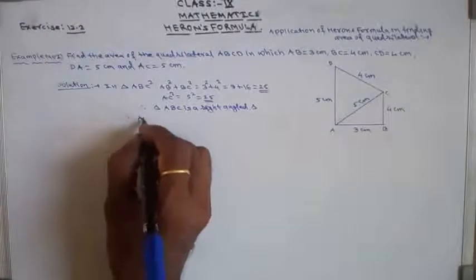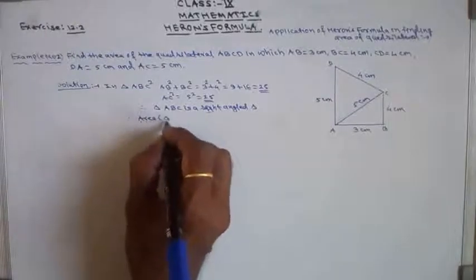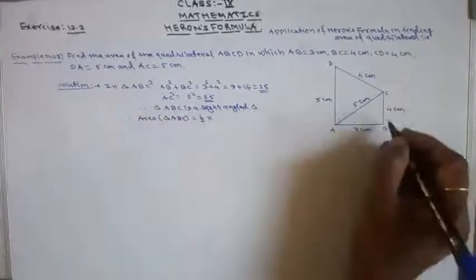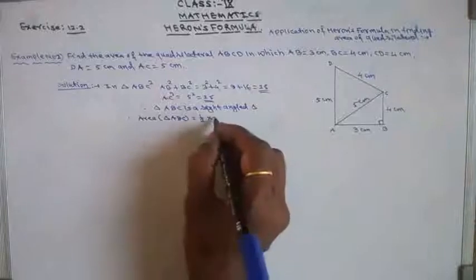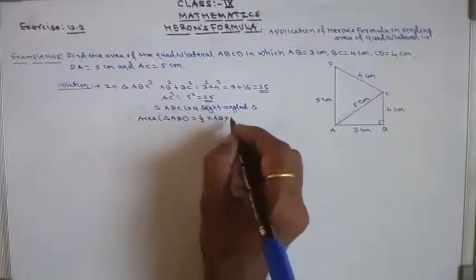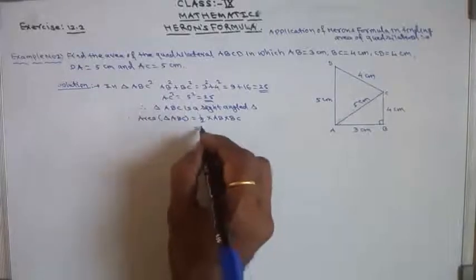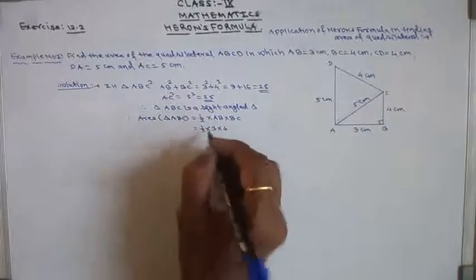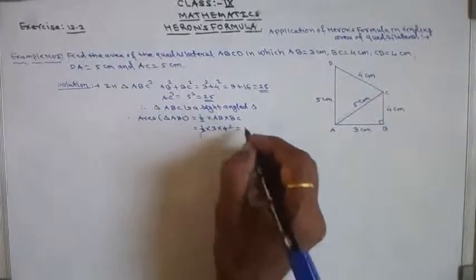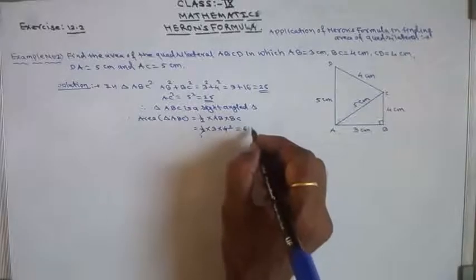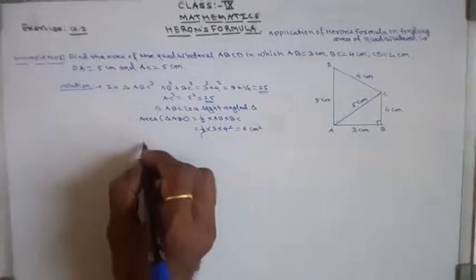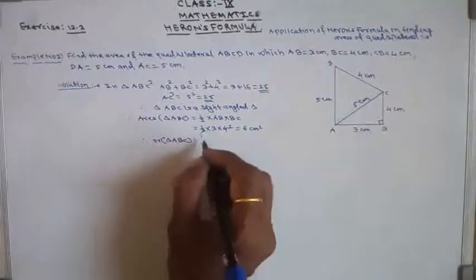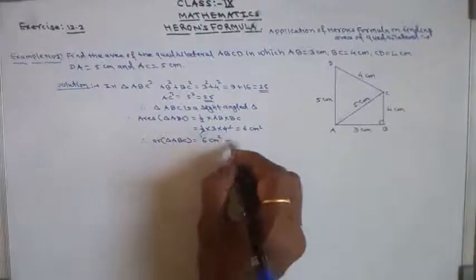Therefore, area of triangle ABC equals half into base AB into height BC, so that is half into 3 into 4, which is 6 centimeter square. Therefore, area of triangle ABC equals 6 centimeter square.